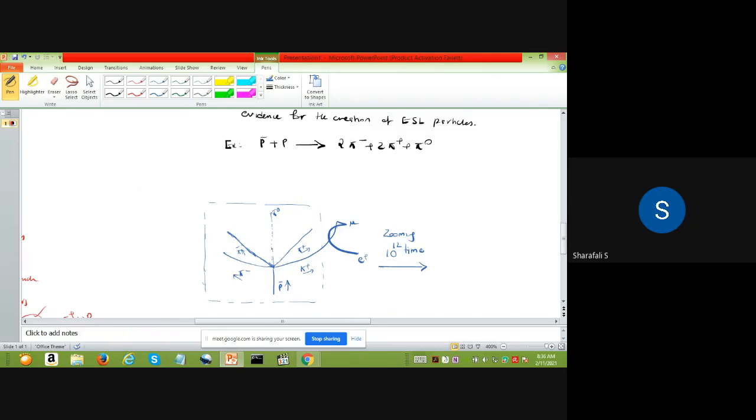So I am zooming at this junction, this particular point.